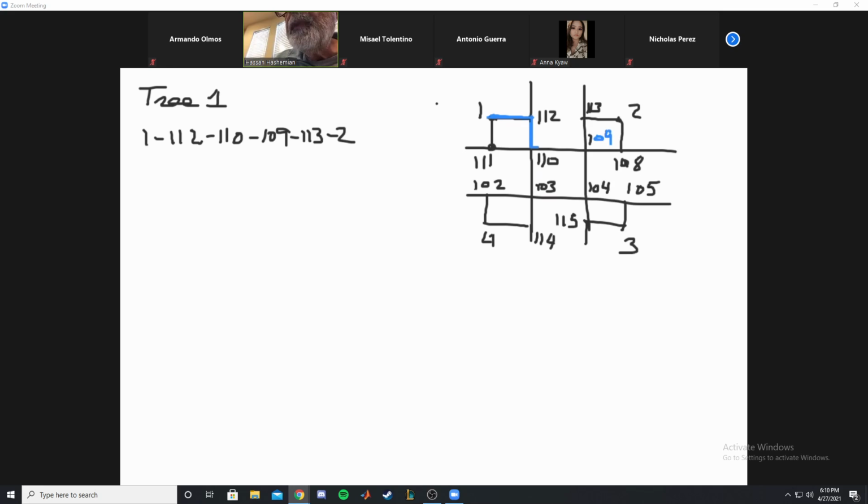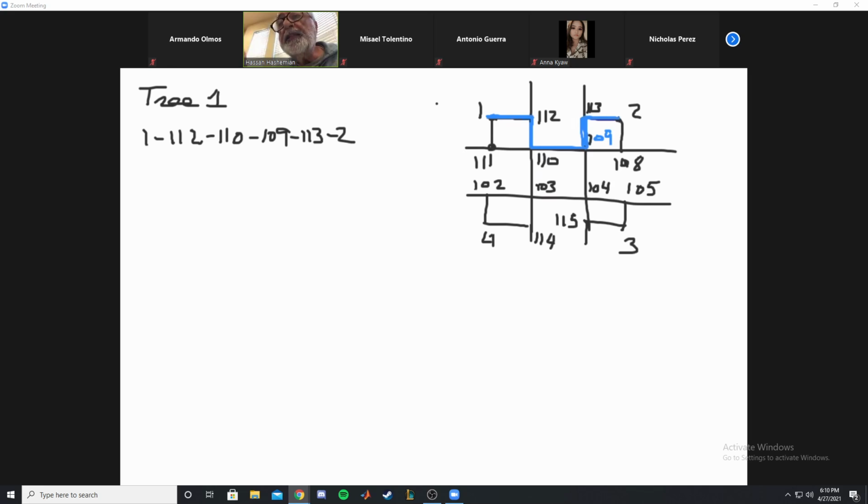So then you go here, and then from 109 you go to 113, and then you go to 2. So they gave you this tree. They said from node 1, if you want to go to 2, that's the minimum travel time path.